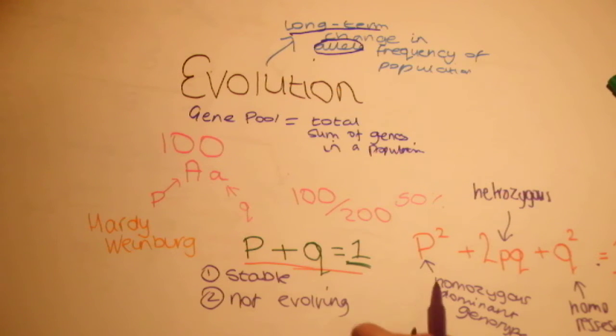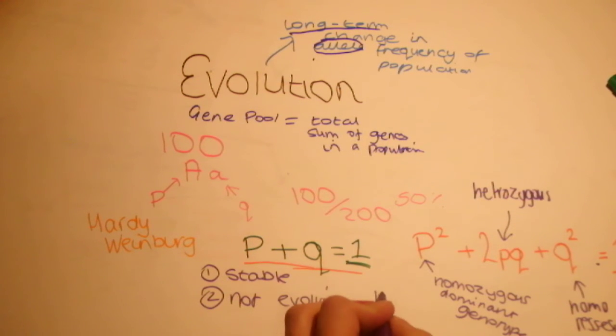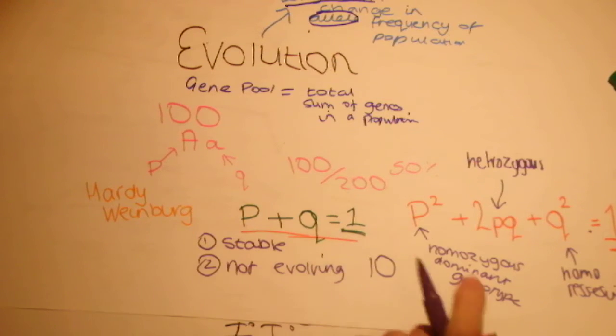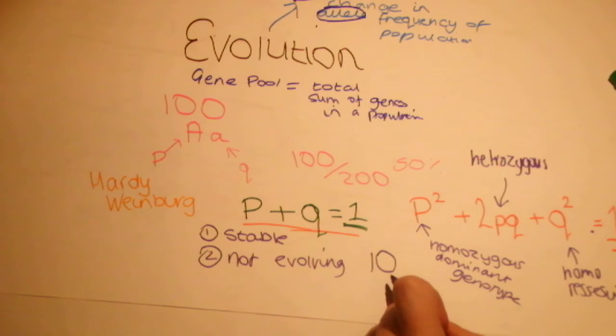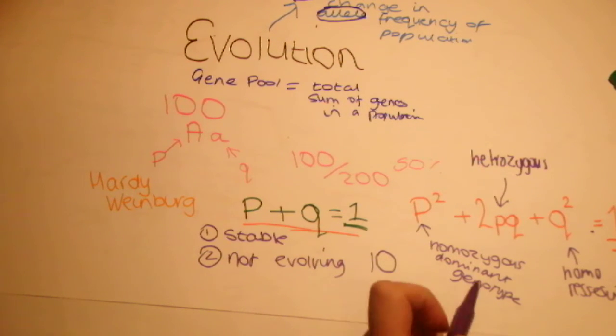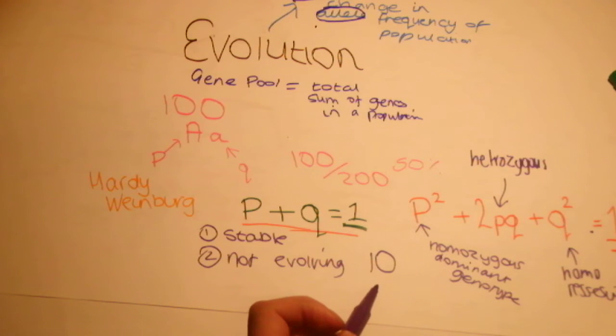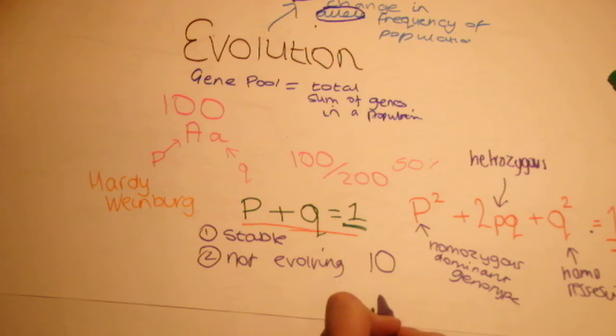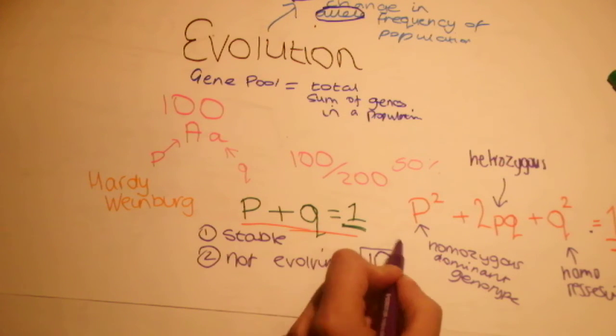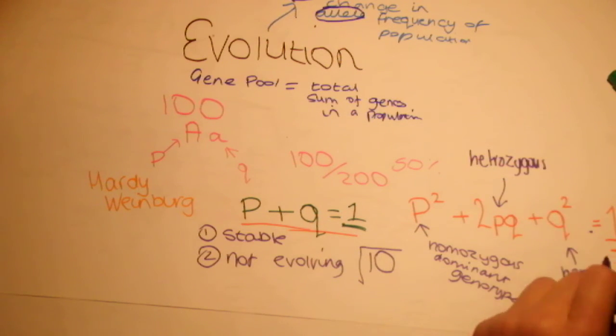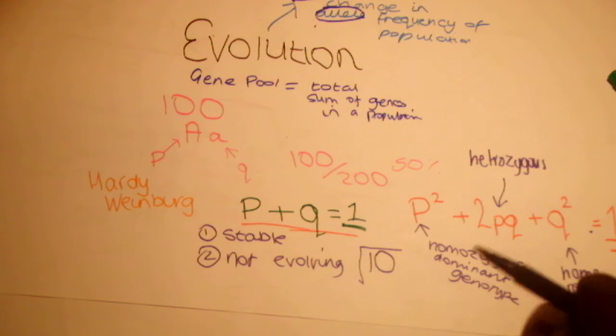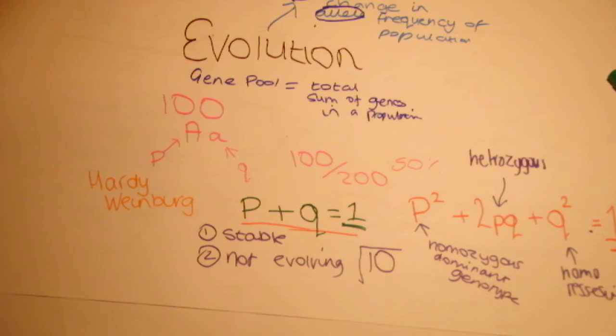So if you have, say, 10 recessive blue-eyed cats or something, you'd square root that number, and that would give the frequency of the recessive allele.